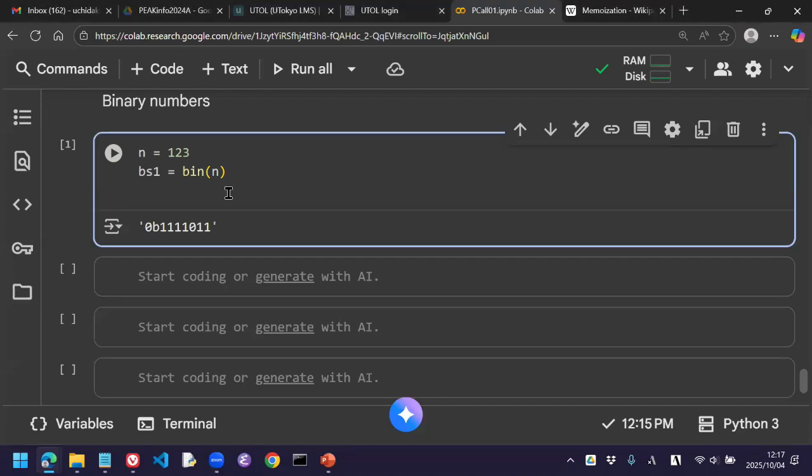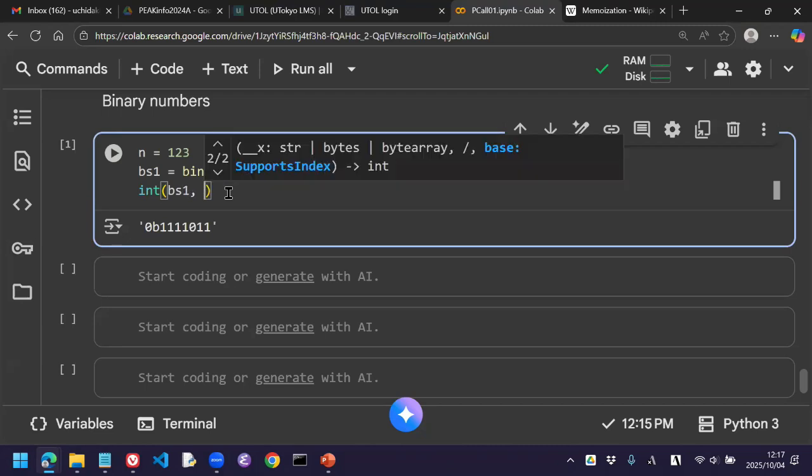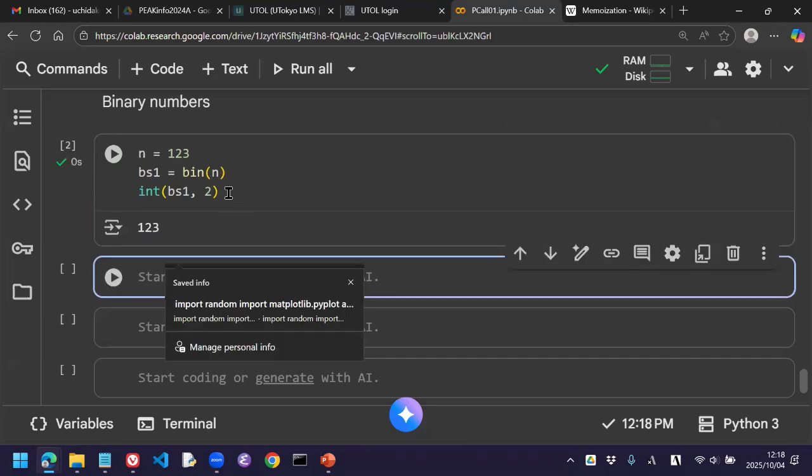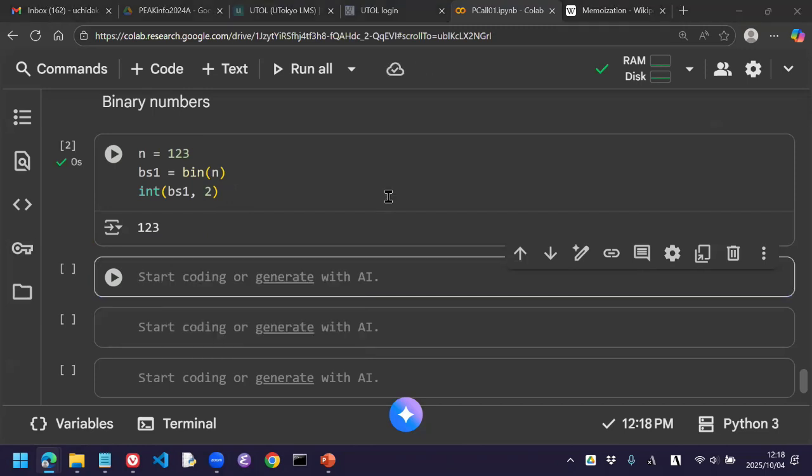We can use the int function to change it, and here as the second argument we give 2, because this is a binary representation. It will be like this.